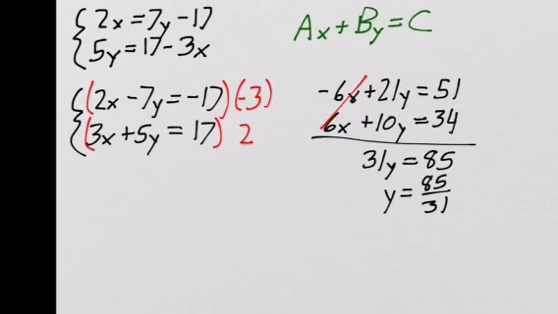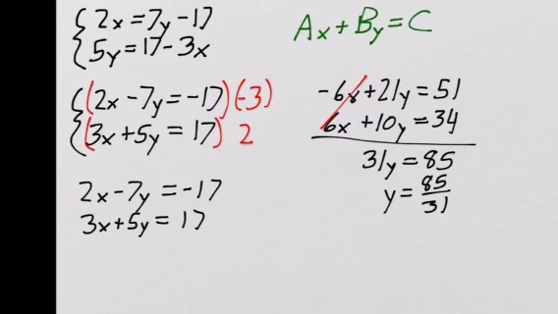Instead, I'm going to go right back to our system of equations. 2x minus 7y equals negative 17, and 3x plus 5y equals 17.